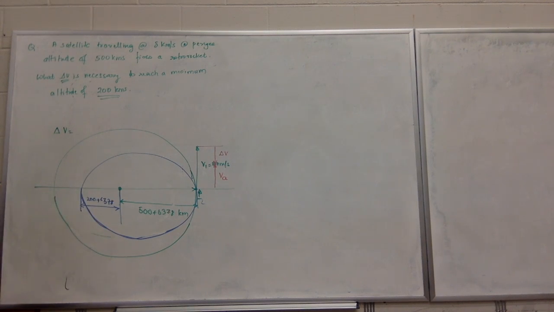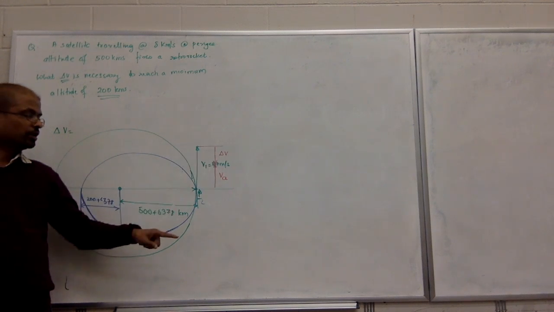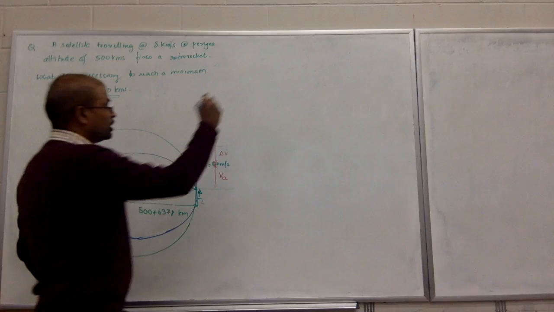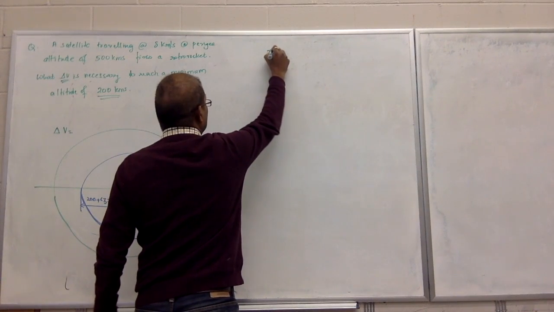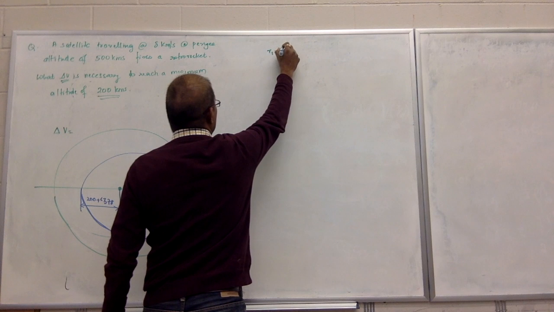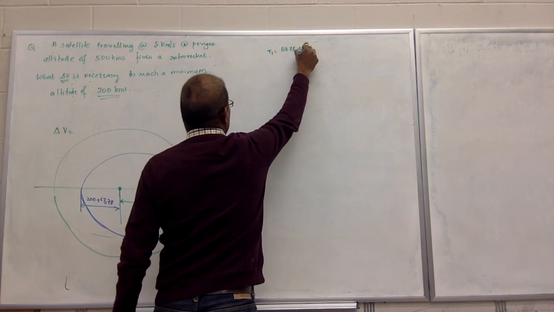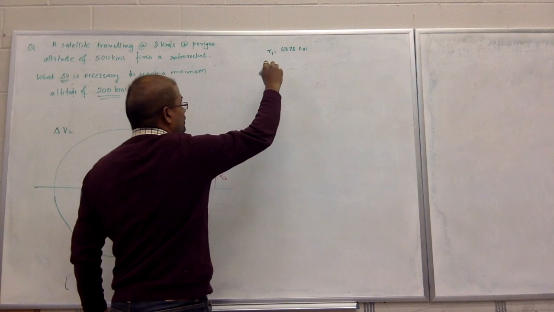Now, what is asked of you is what is this delta V? What is R1? 500 plus 6378.